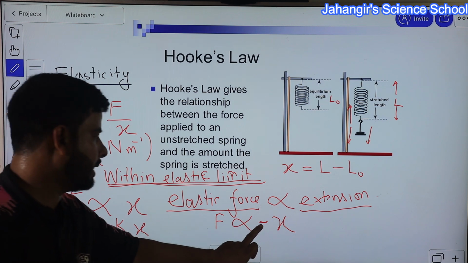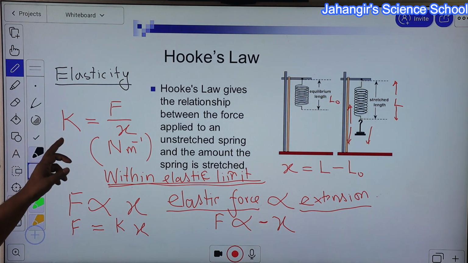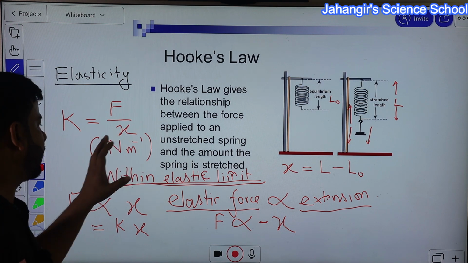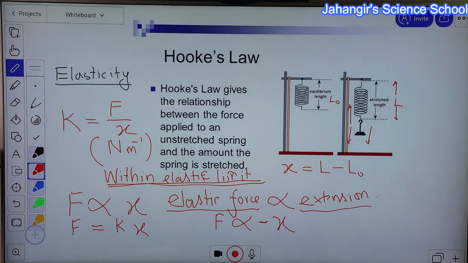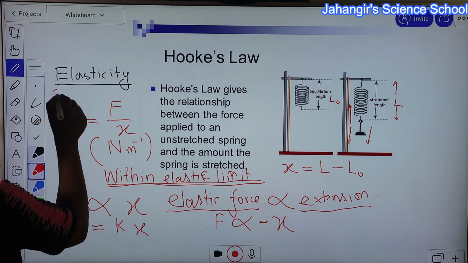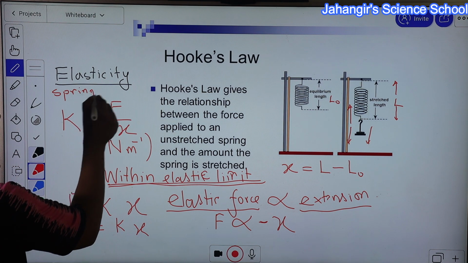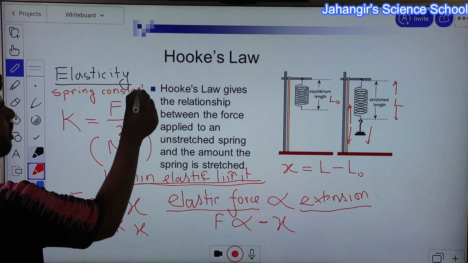That's why there is a minus sign. And the spring constant is the amount of elastic force experienced by an elastic body per unit extension. We call it spring constant or stiffness.